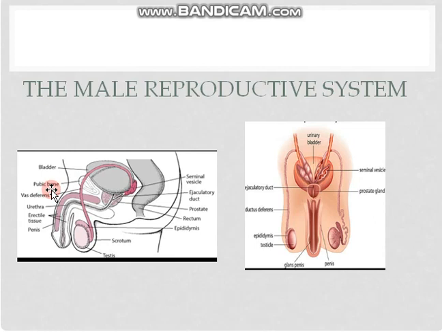Penis. It is the erectile organ responsible for the transfer of sperms to the vagina of the female. The head of the penis is called the glans penis. Sperm duct or the vas deferens.